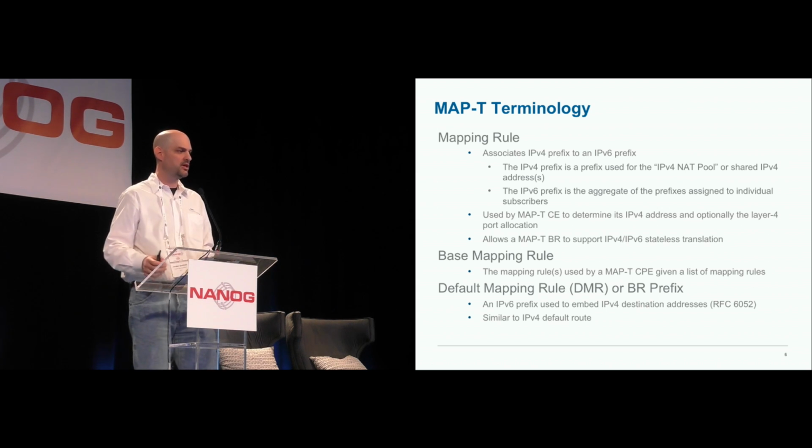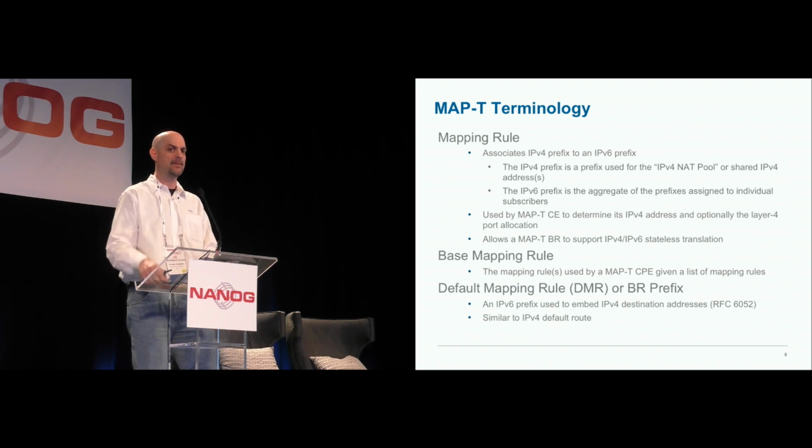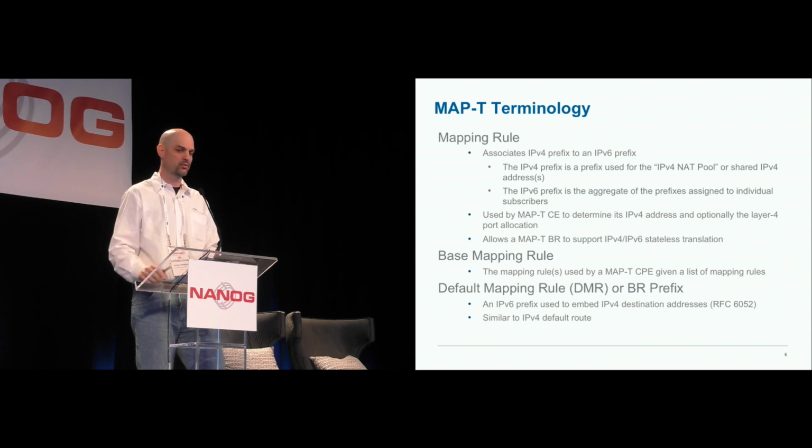Now the mapping rule is used by both the MAP-T CE and the MAP-T BR. On the CE, it is used to determine its posture. So in the case of a shared IPv4 address, the prefix will actually communicate its IPv4 address, I'll show this in a little while, and optionally the layer 4 port allocation. In our case, it's mandatory because we're doing shared IPv4, so it also communicates the layer 4 port allocation.